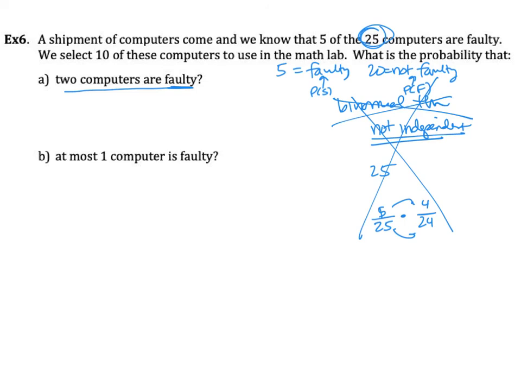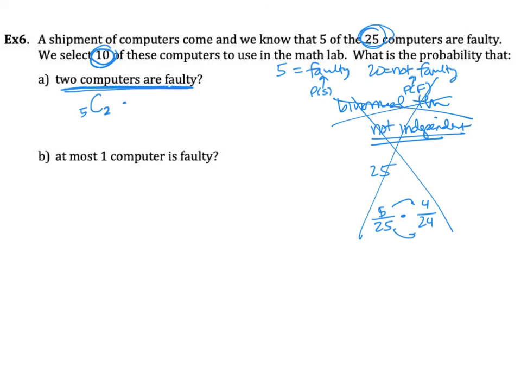Therefore, what do we do instead? Well, we treat it like those questions that say you have a 5-card hand and you want to have all 5 hearts, or you want to have 3 hearts and 2 diamonds. So we have 2 computers that we want to be faulty, but we're selecting 10. 5 are faulty altogether, and we're choosing 2 from the 5 faulty ones. Does the order in which I select them matter?